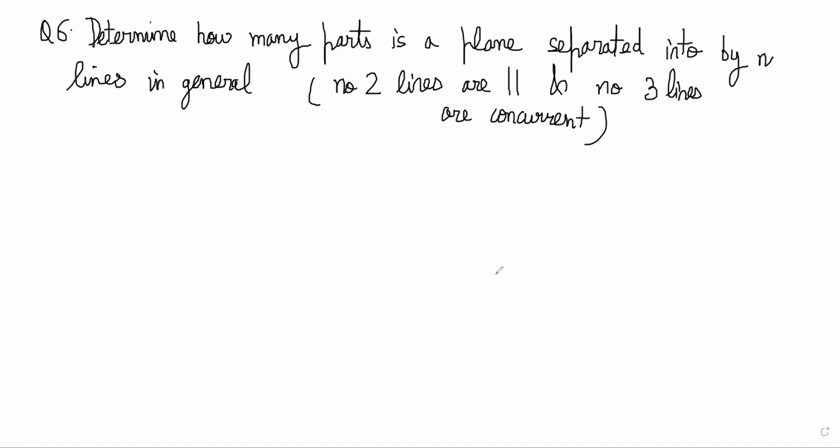So we know that if there are two lines in the plane, you get 4 regions of the plane.